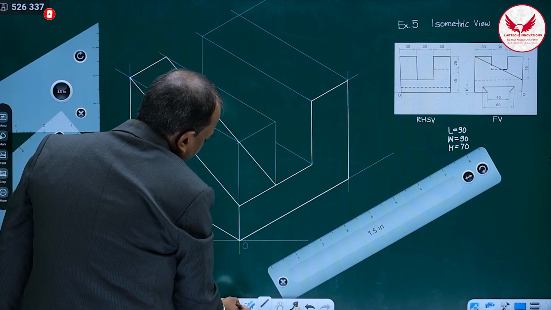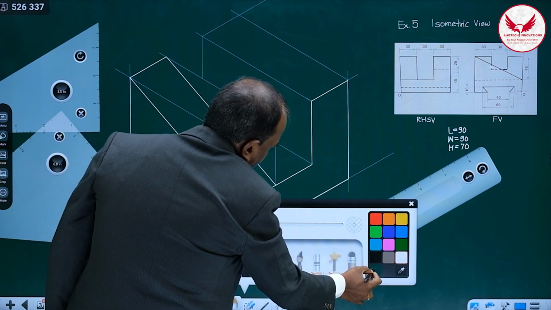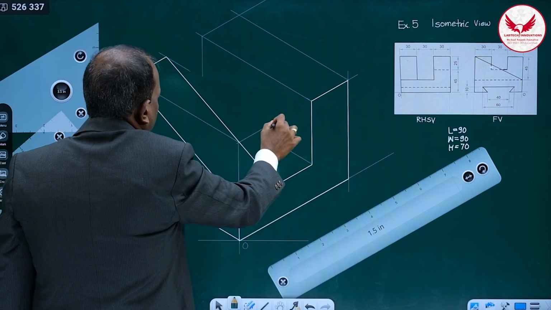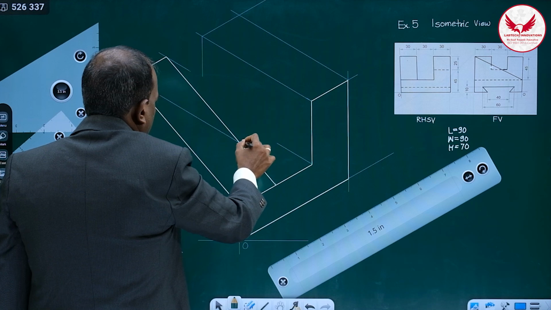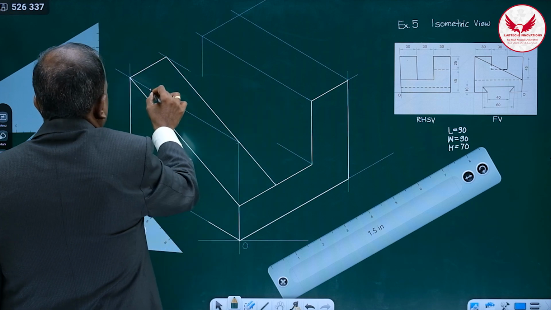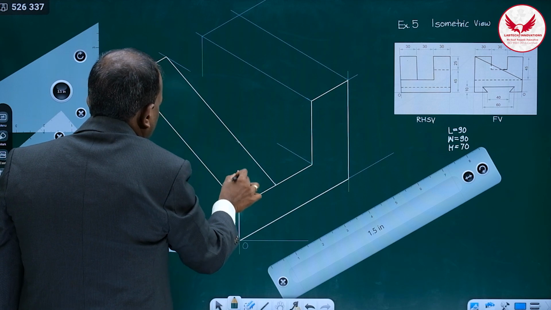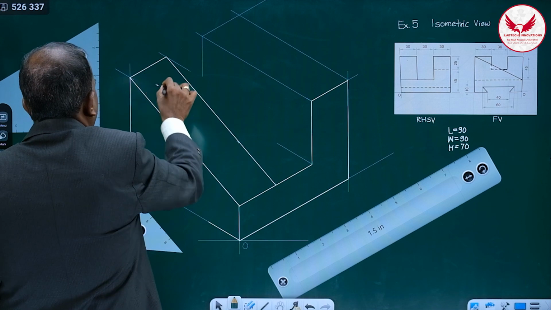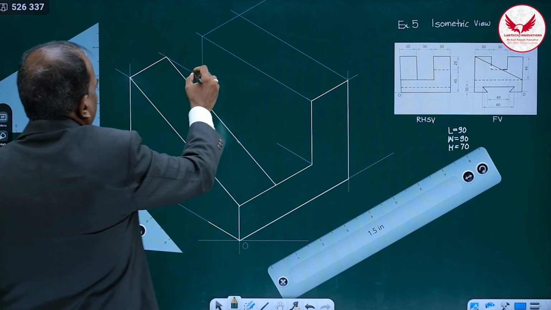How can you remove them? You can take the eraser and remove them. So these lines are not existing, and the object will also look nice. Actually these are light, but if you remove them, it will be much better. So it will help in our drawing also.